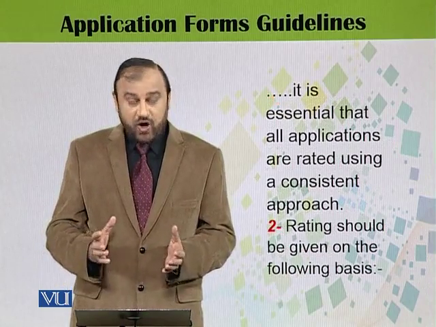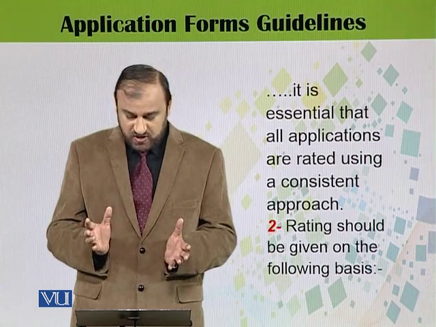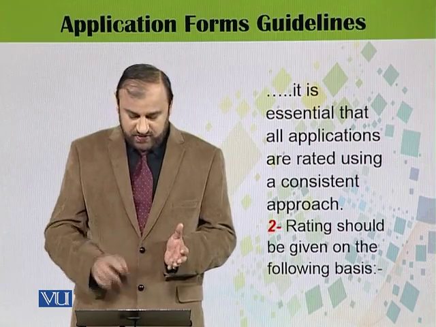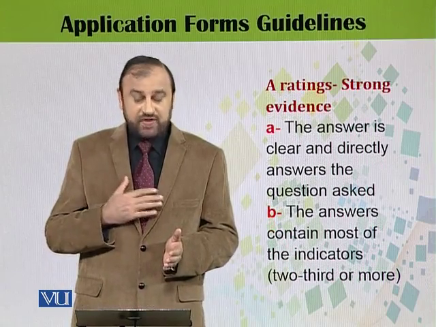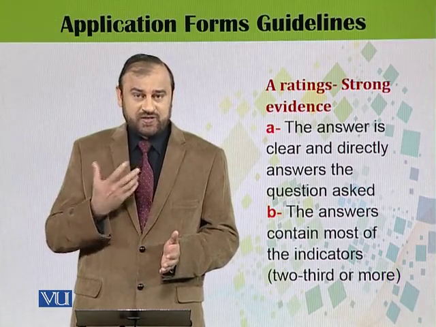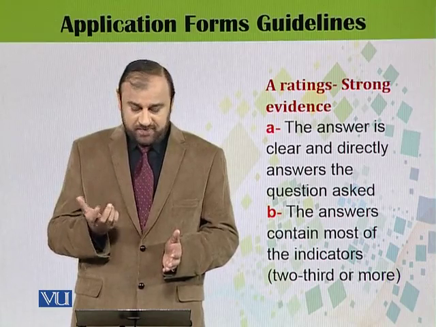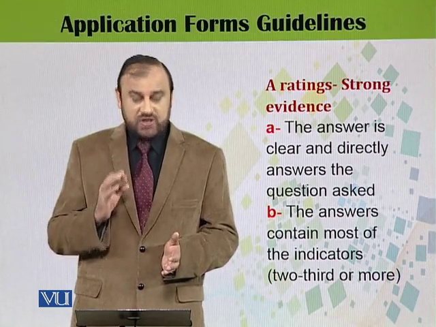It is essential that all applications are rated using a consistent approach, and the rating should be given on the following basis. A rating: strong evidence. How can you give an A rating to someone, and what would be the strong evidence? Number A, the answer is clear and directly answers the question asked.